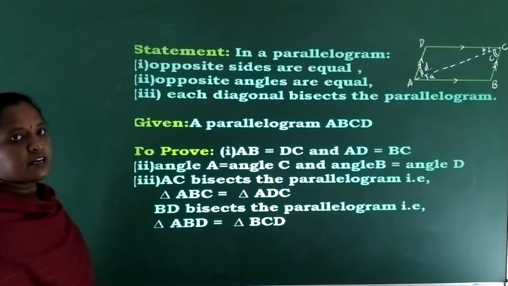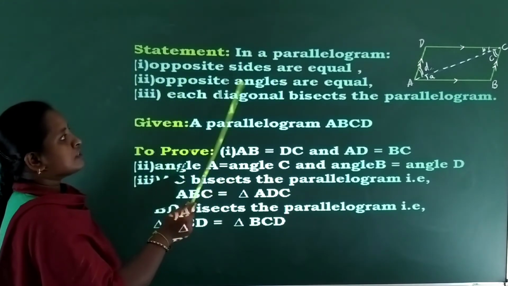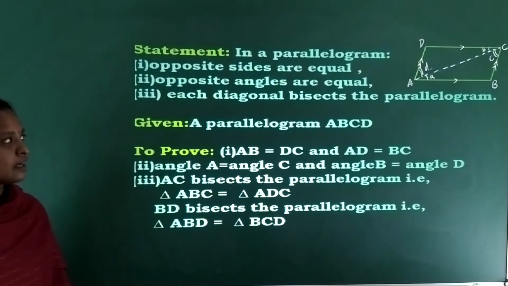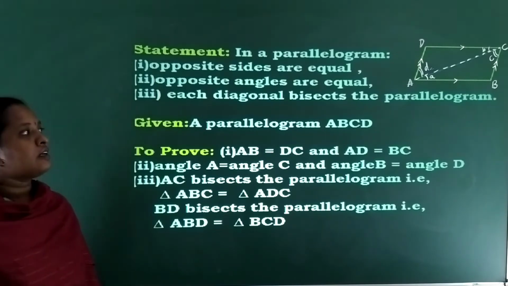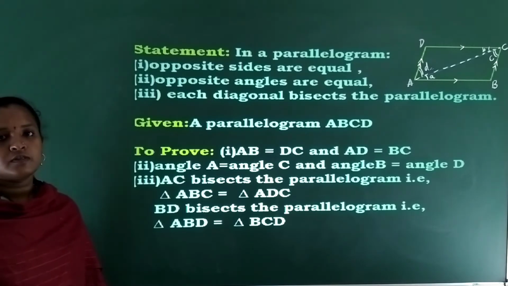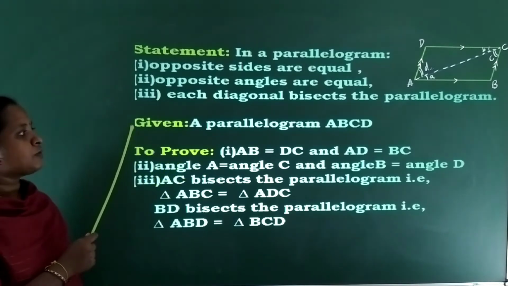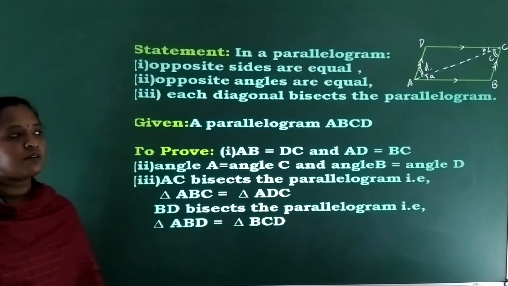So what is the statement? You have to learn it by heart. In a parallelogram, opposite sides are equal, opposite angles are equal, each diagonal bisects the parallelogram. Preetham, you should learn the statement by heart. Correct? Next we will go on to the given. What have they given?